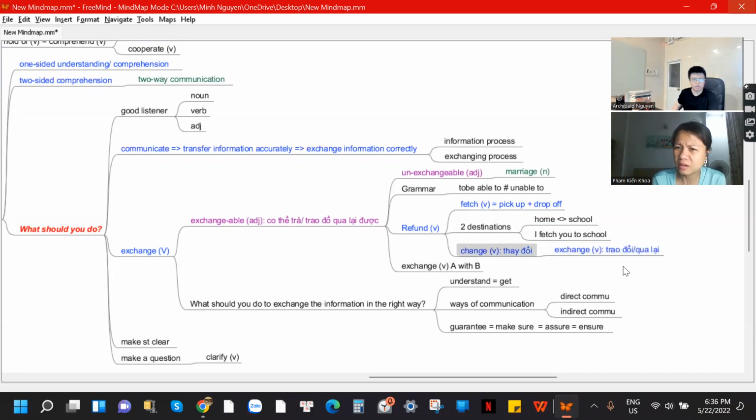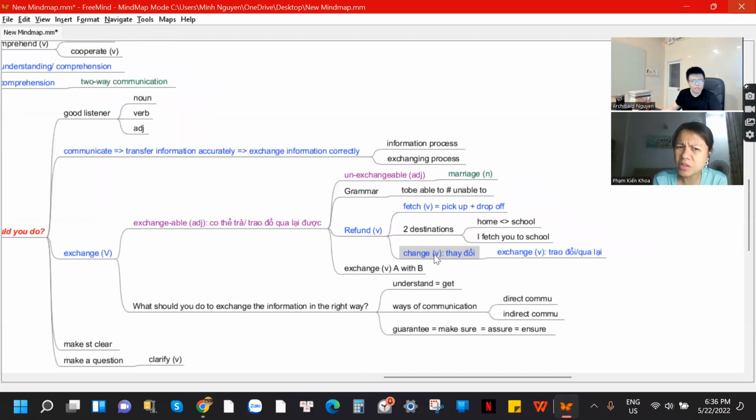Oh, you think it's not popular, but it's used. Let me show you the situation for change and exchange. I used to use it for money, not for transportation.